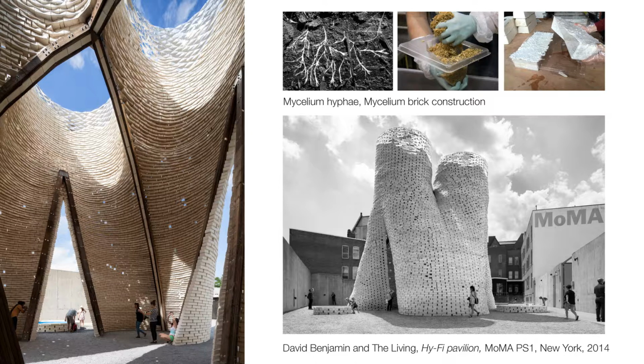This slide features an example of that type of architecture. It's the Hi-Fi Pavilion by David Benjamin and the architecture firm The Living. The pavilion was installed at MoMA in New York City, and it was composed of bricks that were grown from mycelium, which are the root-like structures of mushroom.